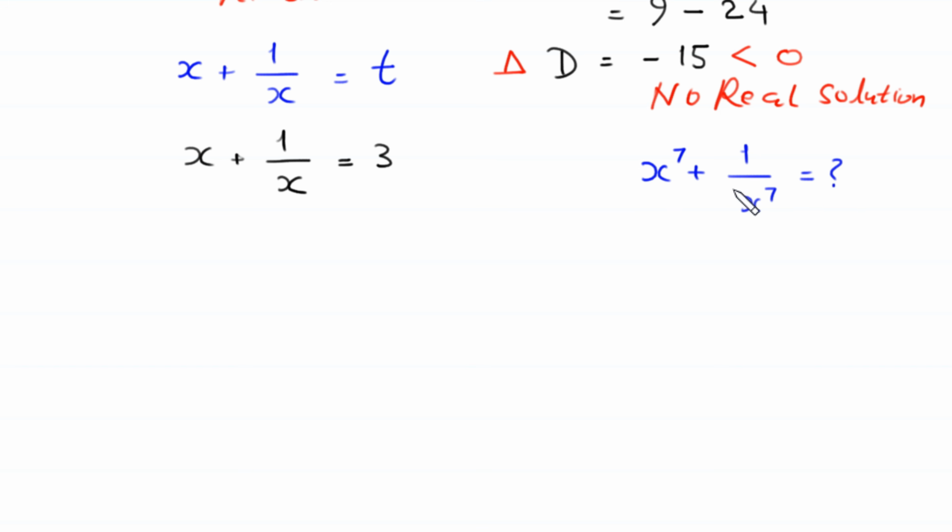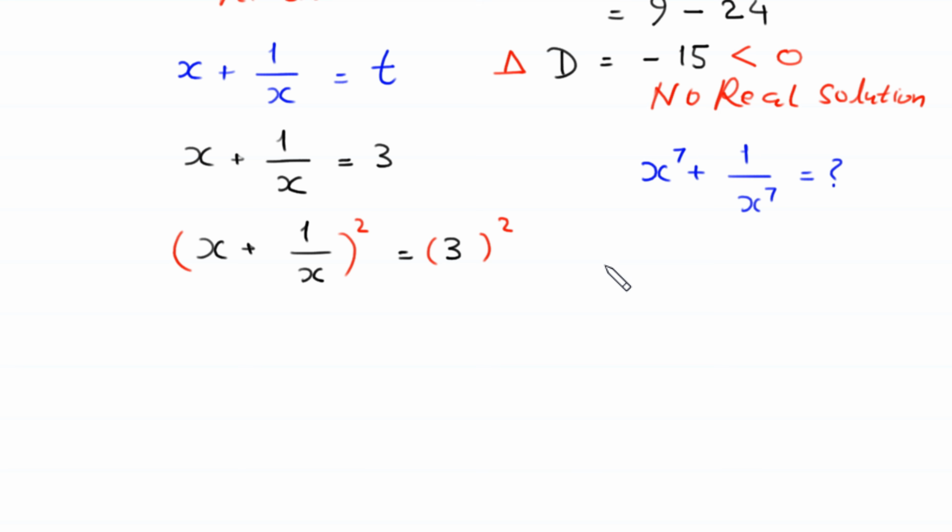So to find this value, we take a square of both sides of this equation. So this will become x plus 1 over x is equal to 3. We square both sides of this equation.